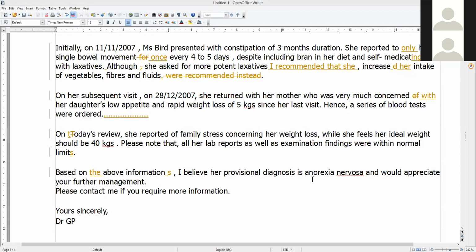If she was younger than 16, I would use her first name all the time. If she's an adult, a family name, Miss Bird, because it's an adult. And then pronouns, her, she, etc.